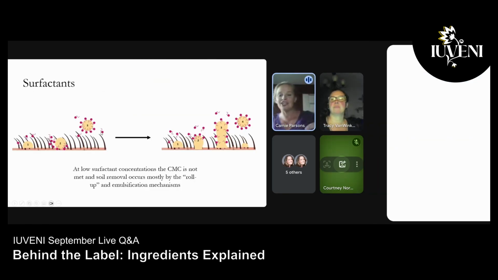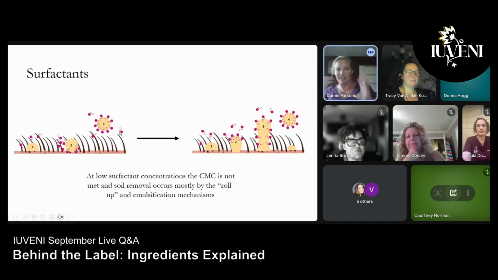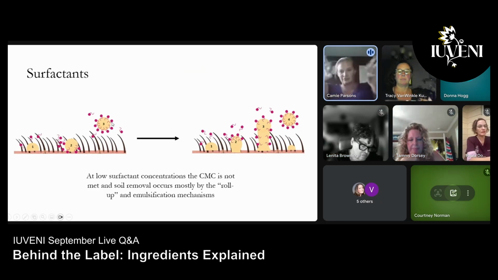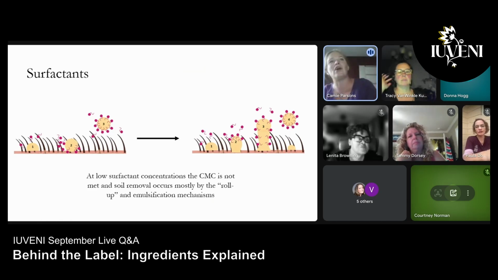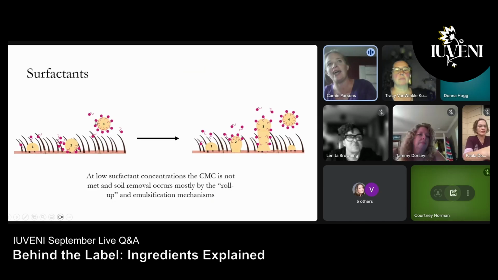Okay, so here's how a surfactant works. It's kind of cool. Surfactants, again, are molecules that are different on the ends. They have a head that's attracted to water, but a tail that is attracted to soil. That's what they call it: old conditioner, sebum, dirt, sweat, whatever.